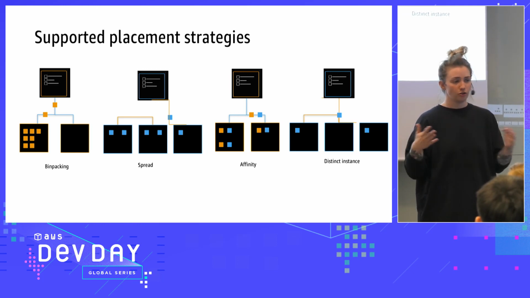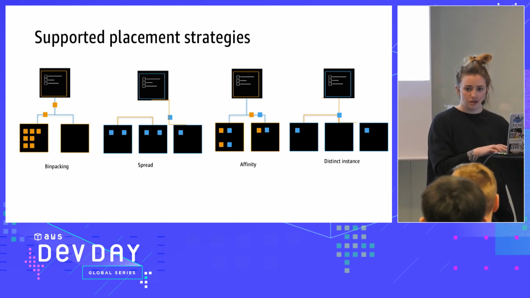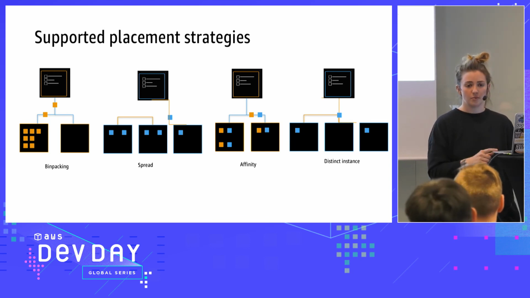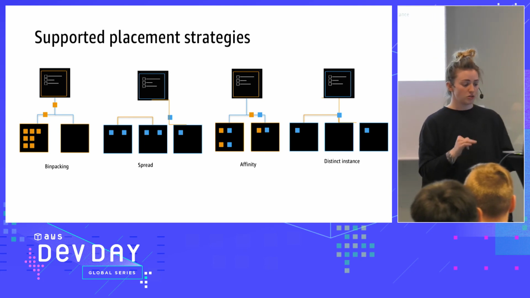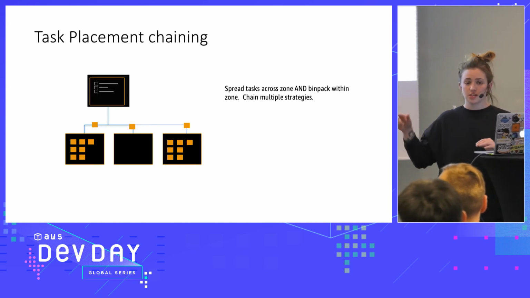So no more, no less. I'm not sure that 100% always meets that use case. It definitely will do distinct instance, but sometimes there's a little bit of funky behavior with auto scaling. So it is still an option though. You can also use these together.